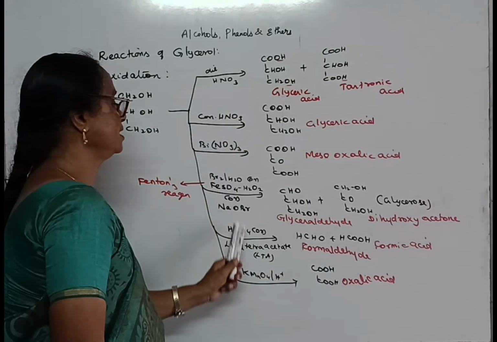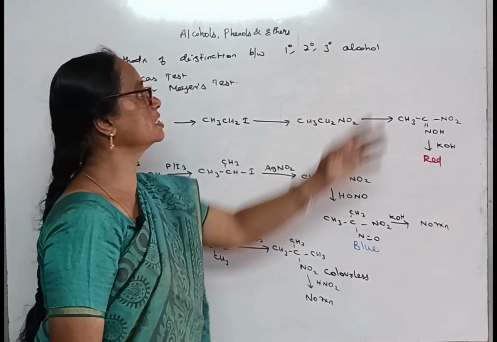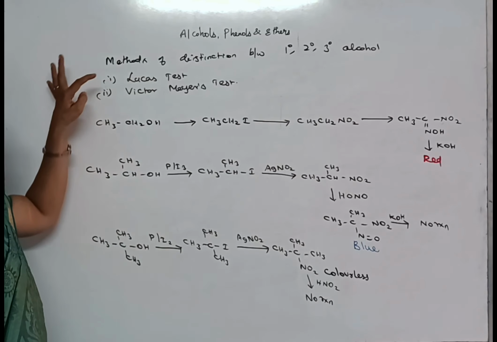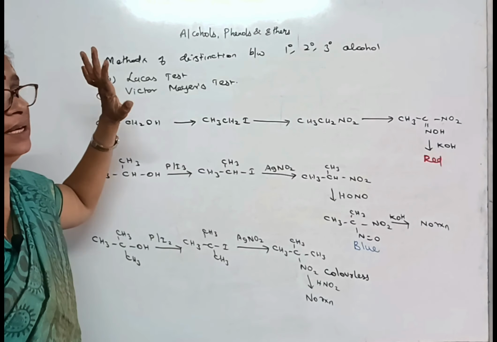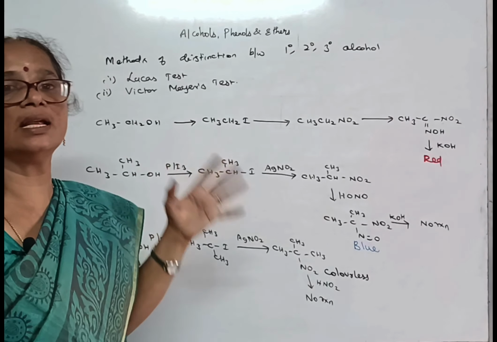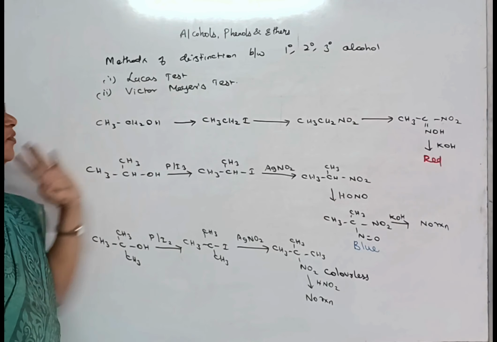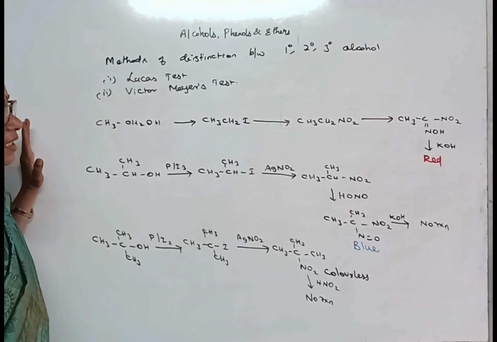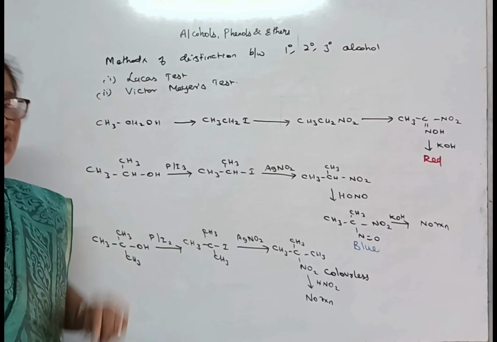Methods of distinction between primary, secondary and tertiary alcohol. Already we discussed the Lucas test, with concentrated hydrochloric acid and anhydrous zinc chloride. Depending on the turbidity formation, we can classify whether it is primary, secondary or tertiary. The other one is the Victor Meyer test. This Victor Meyer test involves 4 steps.